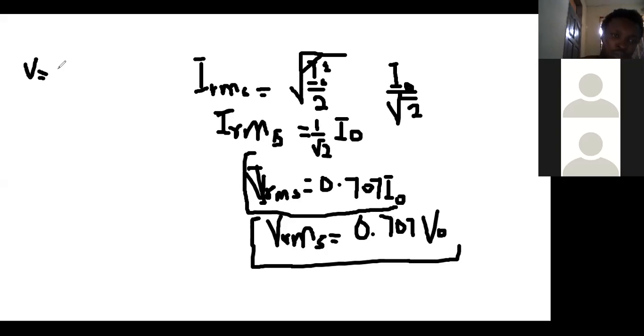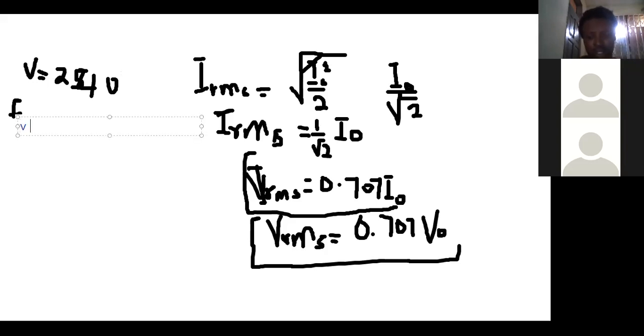Given V to be 240, and given F to be 50 hertz. Then we've been given R to be, the opposition is resistance, so resistance to be 40 ohms.